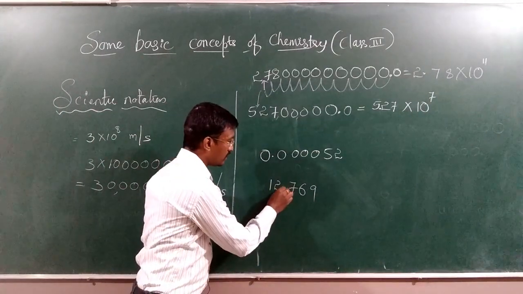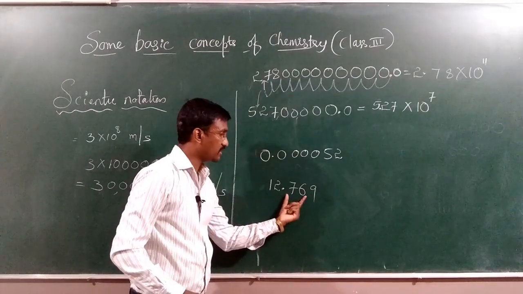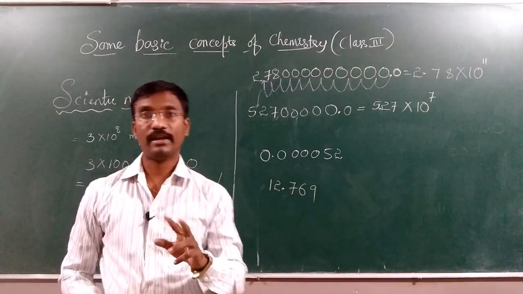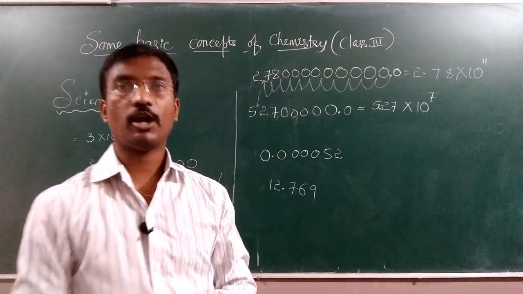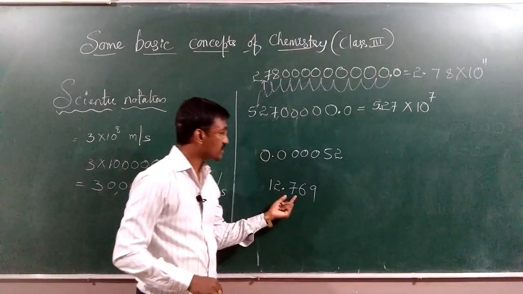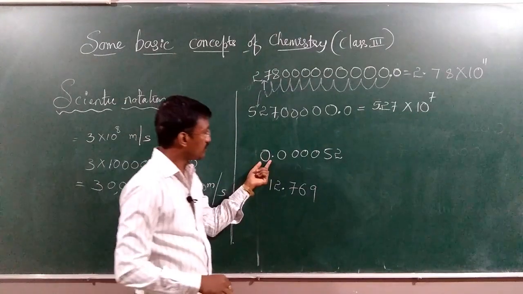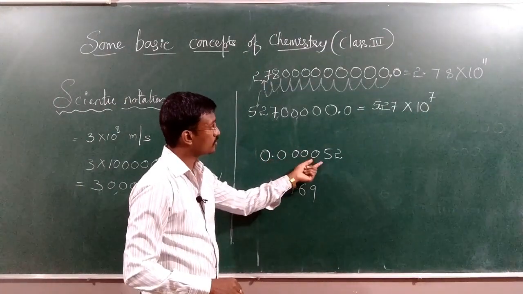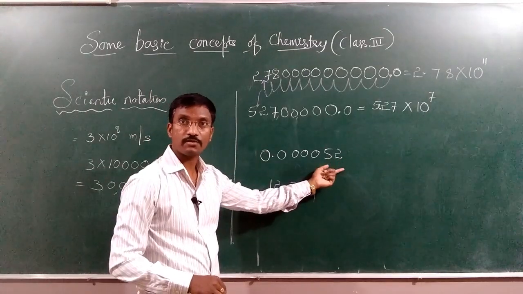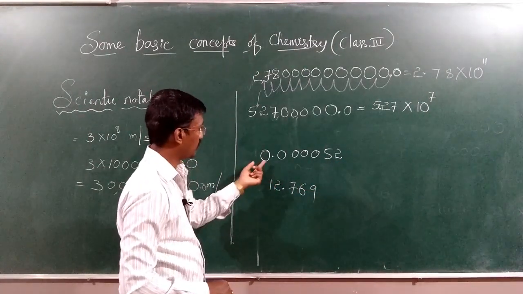After putting the point, the remaining fractional number should be spelled digit by digit. Here also it is the same thing: 0.00052. You are not supposed to say 52. It's a wrong representation.